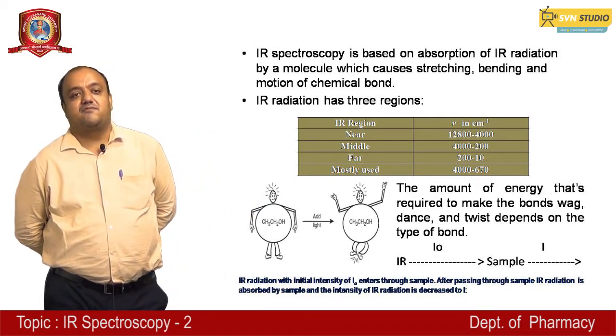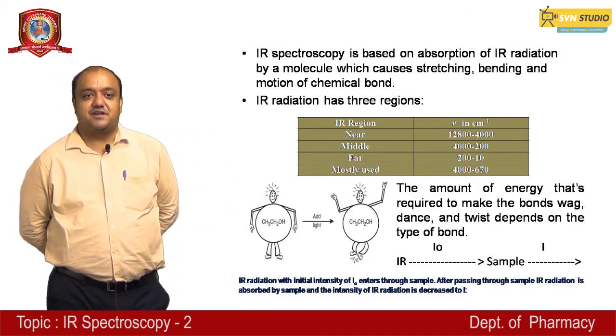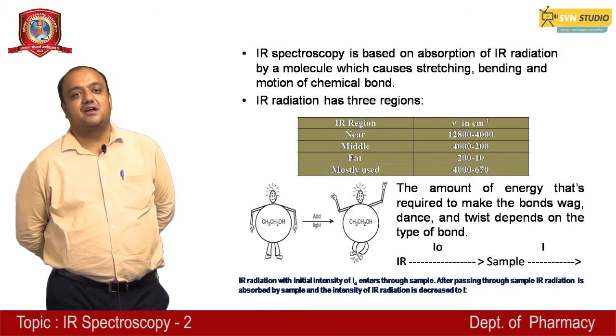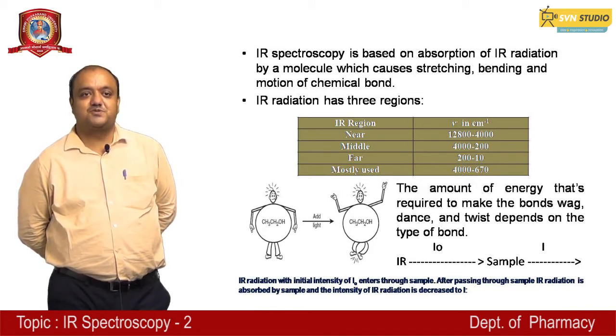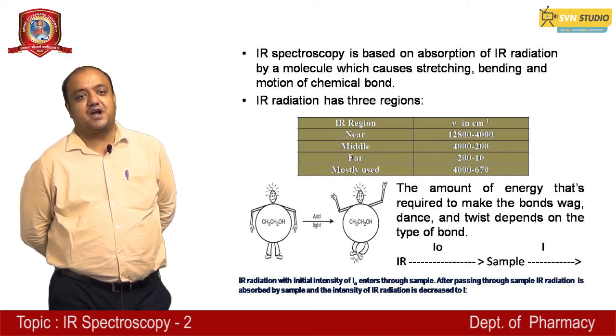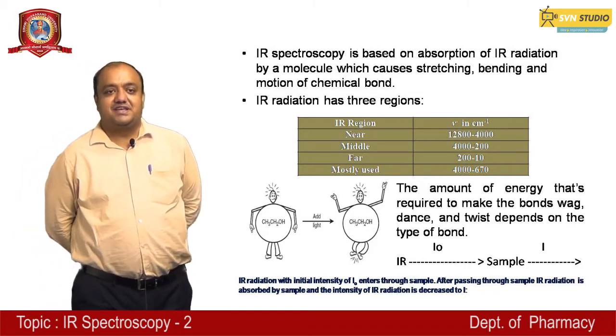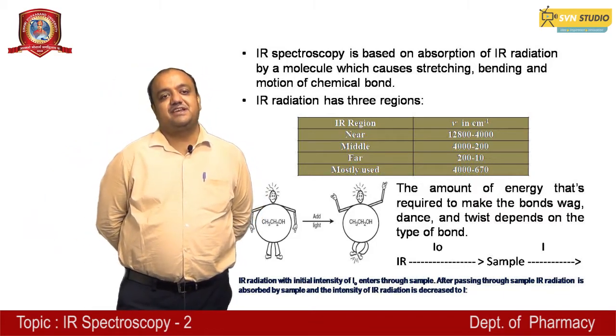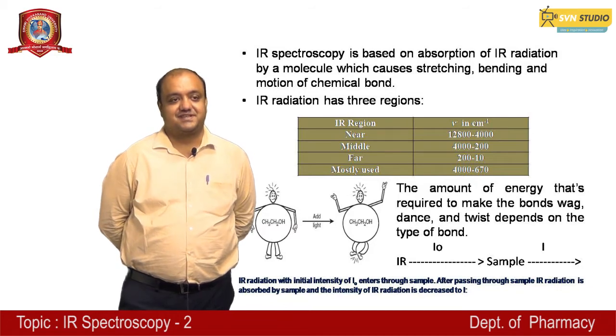In middle IR, 4,000 cm⁻¹ to 200 cm⁻¹, and in far IR, 200 cm⁻¹ to 10 cm⁻¹. The mostly used IR region is 4,000 cm⁻¹ to 670 cm⁻¹.